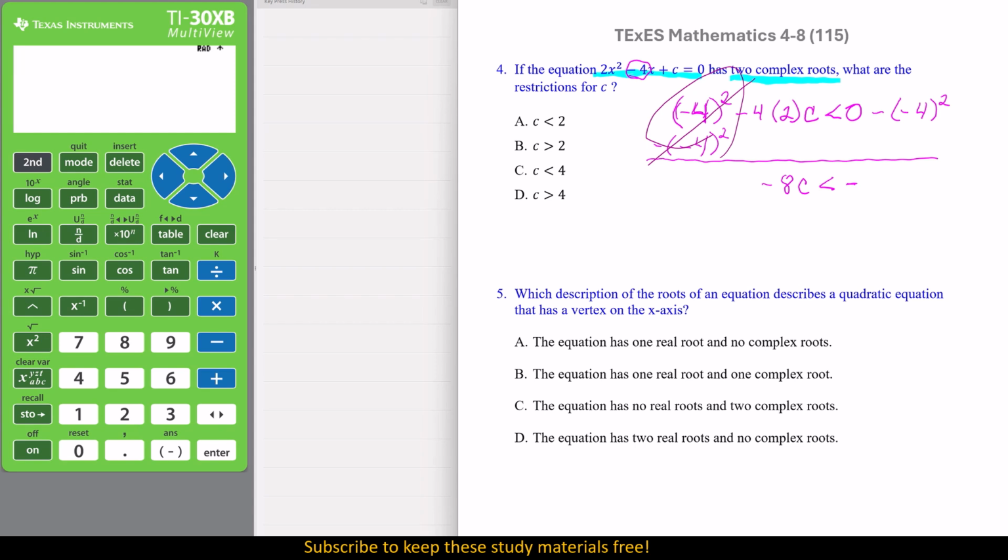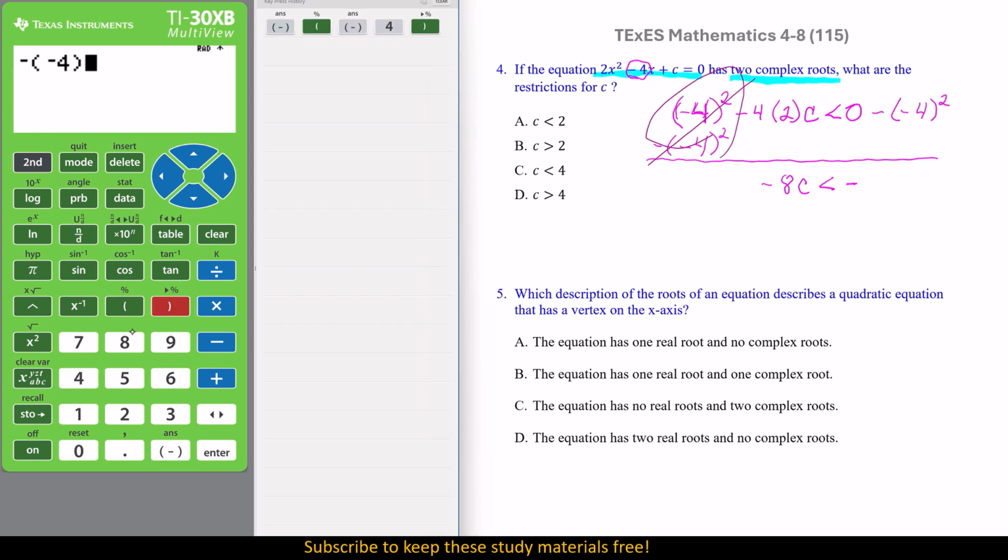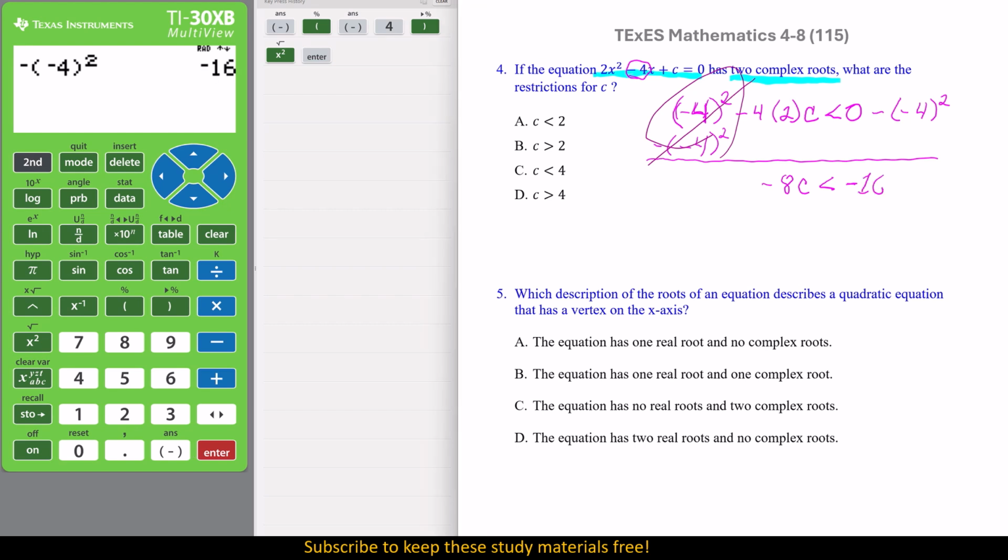Well, now go ahead and just pop that in the calculator. Just in case it's a large number, I'm going to say negative parentheses, negative 4 parentheses, square that. Of course, it's negative 16. I know you saw that coming, but when you're taking a test, this calculator will not take that long to push the buttons.